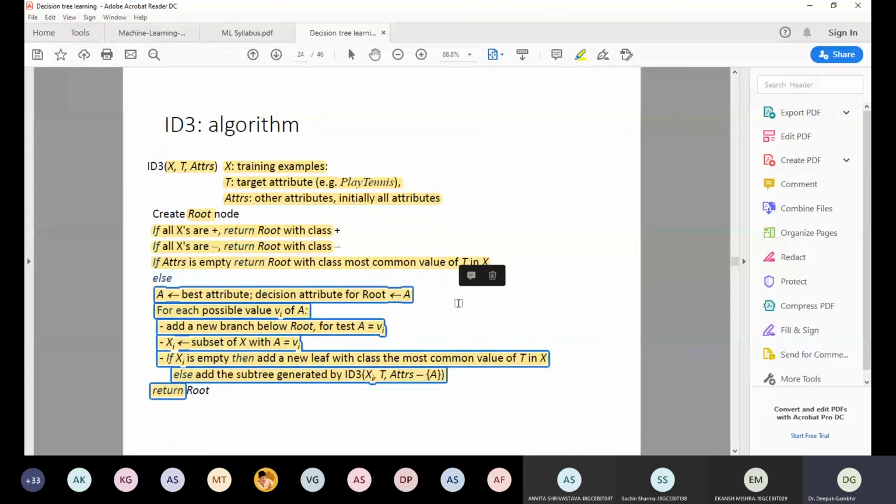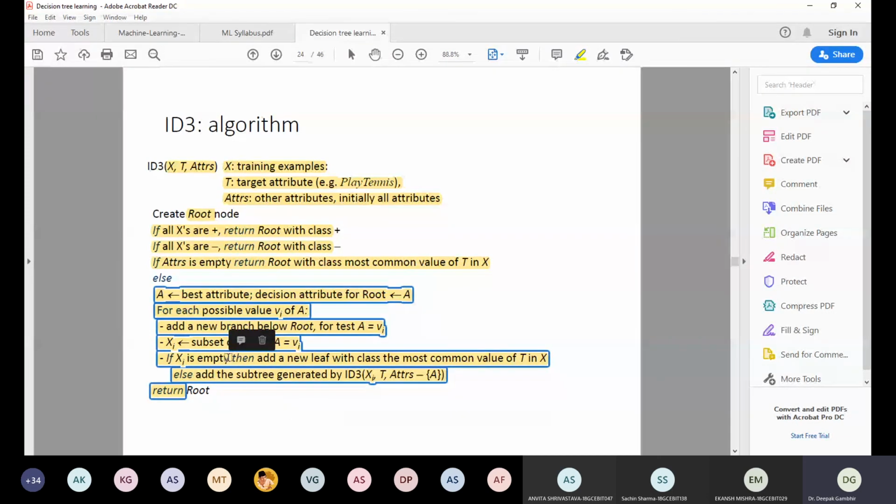A is the best attribute, that is the decision taken on the basis of the information gain. For each possible value Vi in A, for each attribute value, we add a new branch below that root. For the test, we keep on adding values in a way that the information gain is high, as we have seen previously.